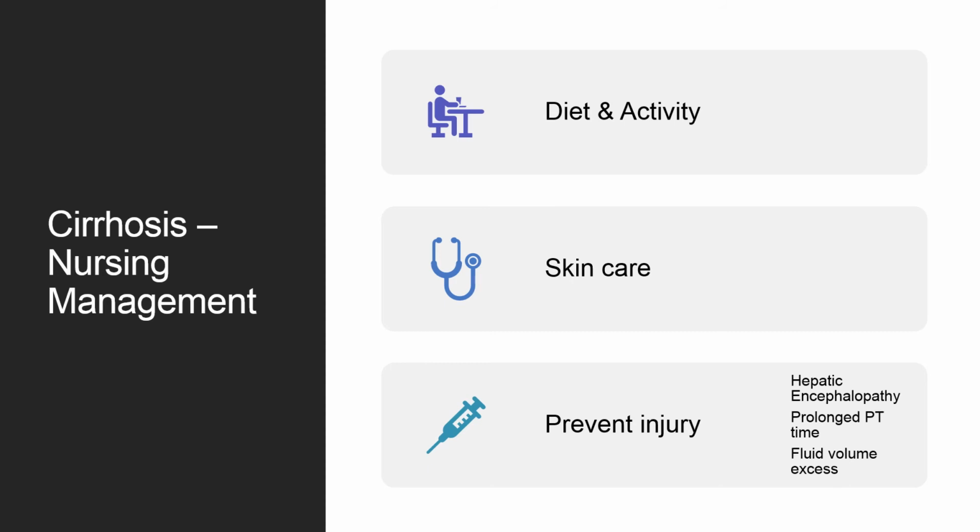So if there is no ascites, edema, or signs of impending coma present, the person is placed on a protein diet of 1.2 to 1.5 grams per kilogram per day with supplements of vitamin A, C, K, B complex, probiotics, folic acid to prevent anemia, and sodium restriction to prevent ascites.